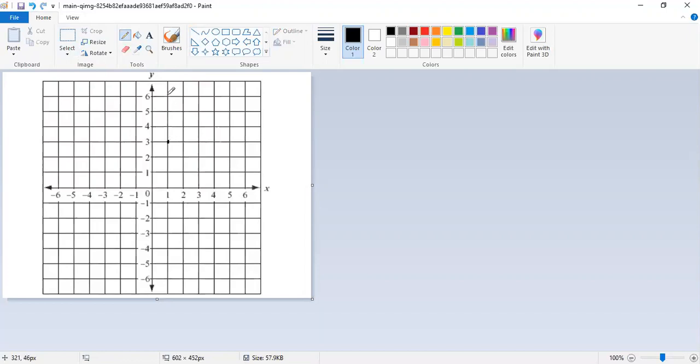So 1, 2, 3 is rise, and 1, 2, 3, 4. So your other point is going to be here. So use these 2 points and draw a line. That's all you have to do. Just join these 2 points. Okay, so this is going to be a line for that question.